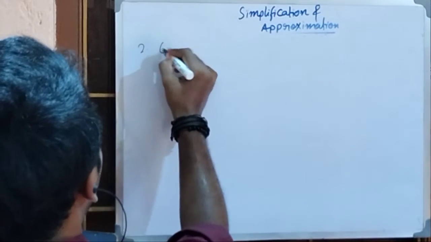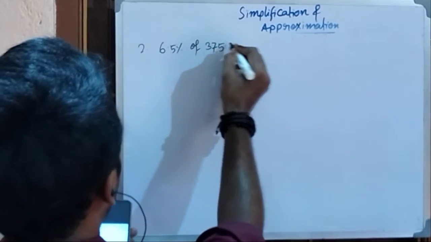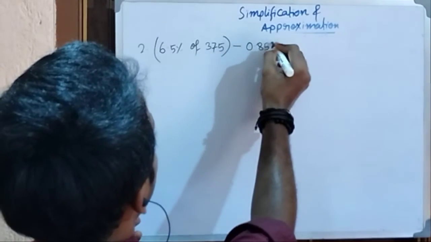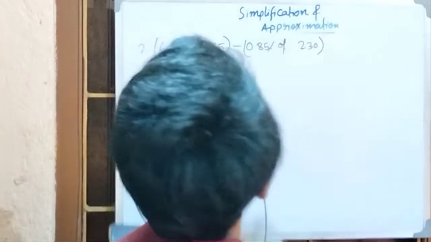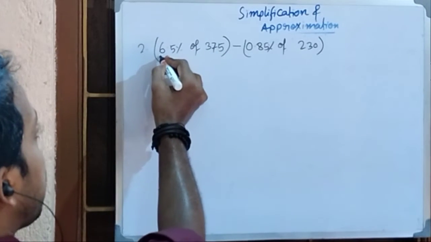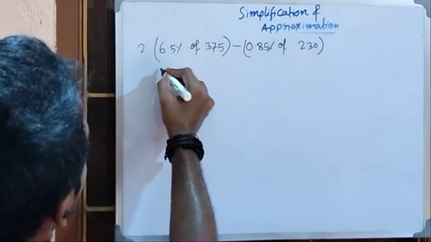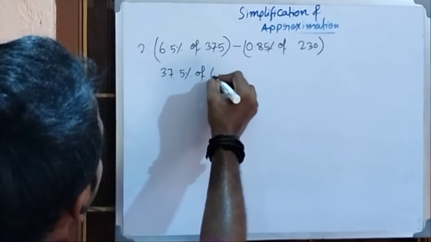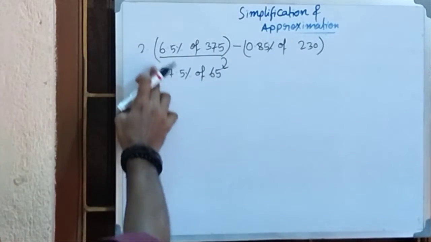Now we will move quite fast, because this would come very handy and the practice would be exactly like examination perspective. So make it quite quickly. 6.5% of 375. So better to check the 6.75. We can take 37.5% of 65. Is it okay? Can we write it down like this? Is there any difference between these two?